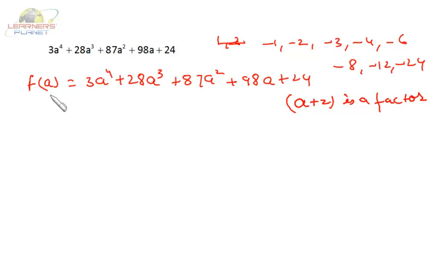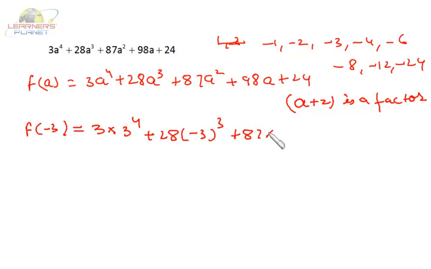Now let's put the value of a as minus 3. So f(-3) is equal to 3 into (-3) raised to 4, that is 3 raised to 4, plus 28 into (-3) cube, plus 87 into 9, plus 98 into minus 3, plus 24.